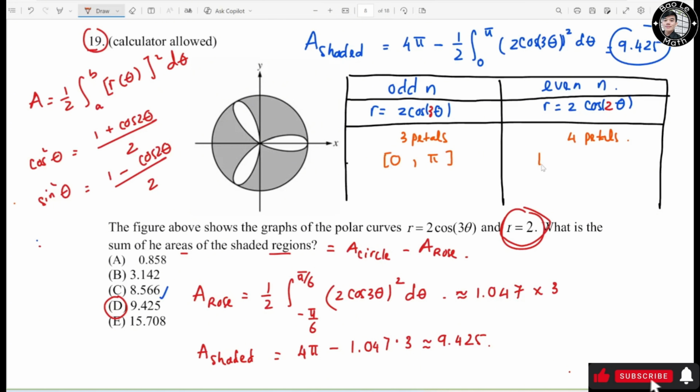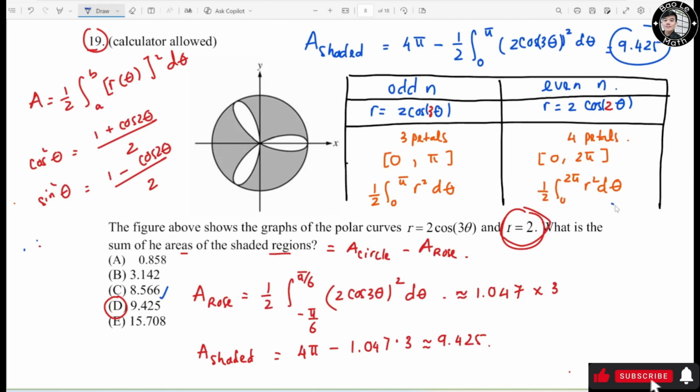This one fully traces from 0 to 2 pi. The area is calculated by this formula: 1/2 times the integral from 0 to pi of r squared d theta. This guy, 1/2 times the integral from 0 to 2 pi of r squared d theta. So keep that in mind.